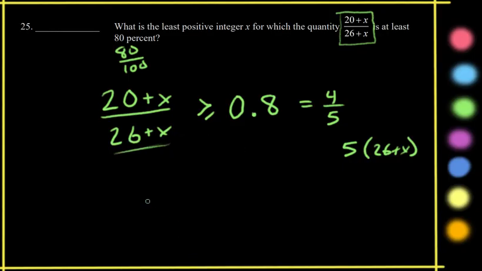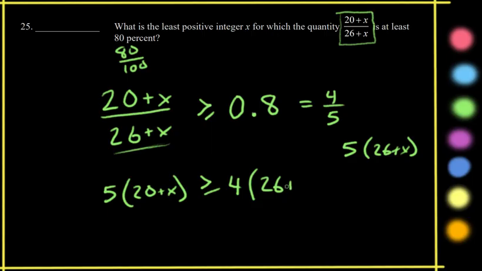All right. So I'm going to have 5 times 20 plus x, and then this part cancels out, is greater than or equal to 4 times 26 plus x. Because I multiplied by 5, that got rid of this, and then I multiplied by 26 plus x, so that put this here.